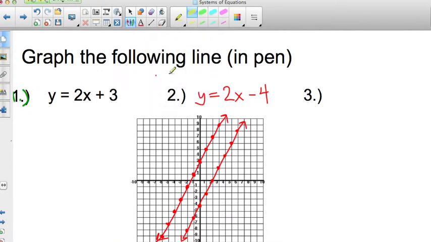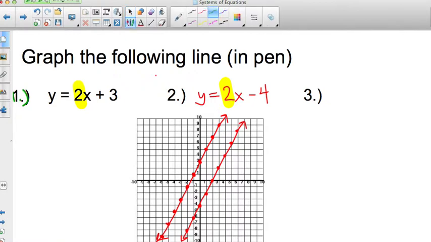Somebody tell me, just looking at the equations, not the graph, what's the same? The 2 in front of the x, the slope, the coefficient. The slope for both equations is 2. What's different? The y-intercept: the first one is positive, and the second one is negative. Great, okay.